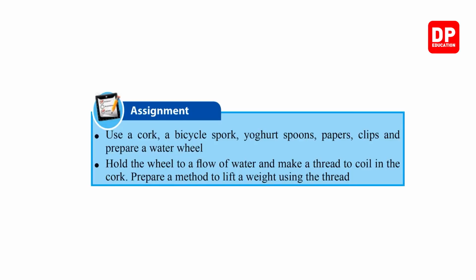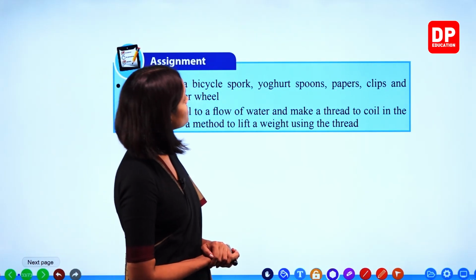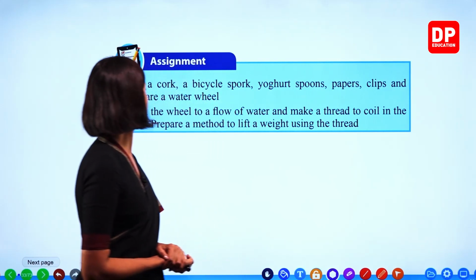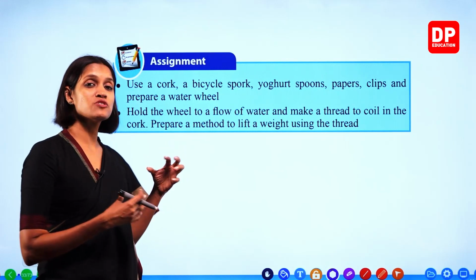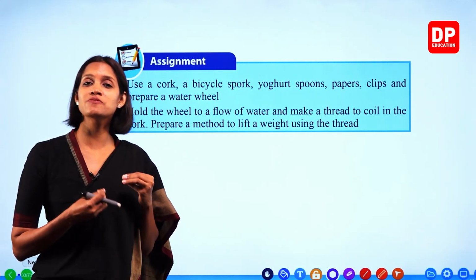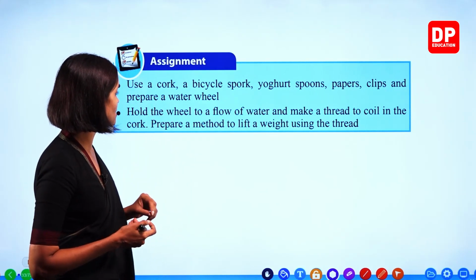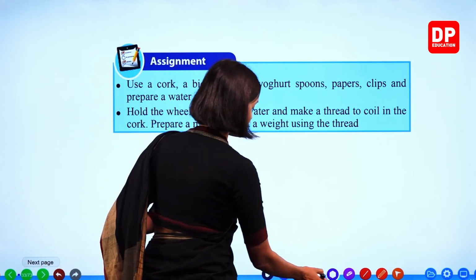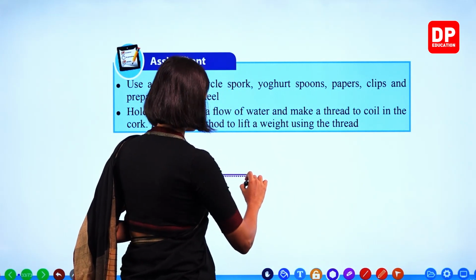So we have this assignment to do. Use a cork, a bicycle spoke, yogurt spoons, papers, and clips, and prepare a water wheel. These types of water wheels, or model turbines, we prepare during a number of activities. So how to make a water wheel like this?